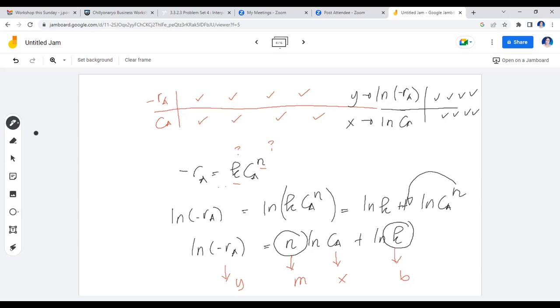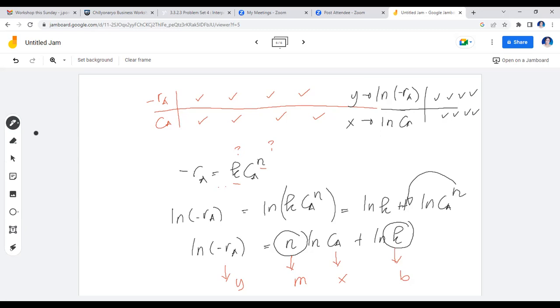Then knowing the n and the K, you go back to this general form of your rate law wherein the K and the n are not known. And that's how you find the rate law for the given empirical set of data. That's your differential analysis for constant volume batch reactor data.